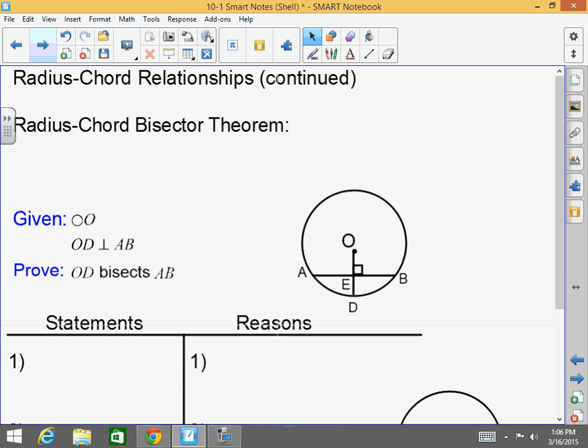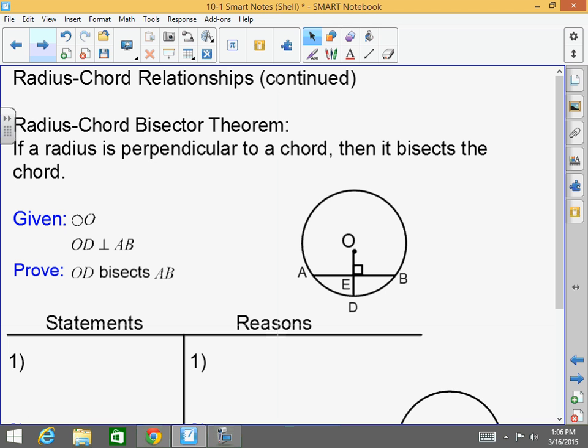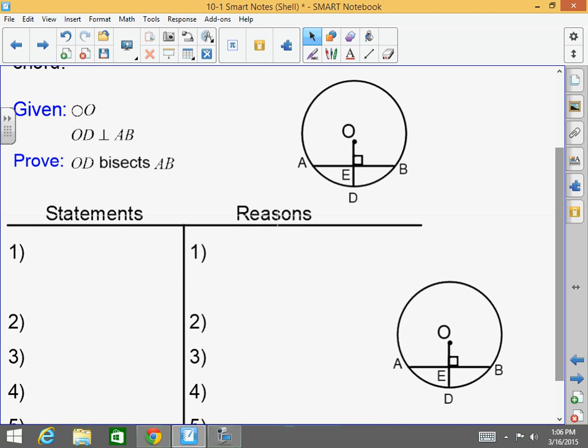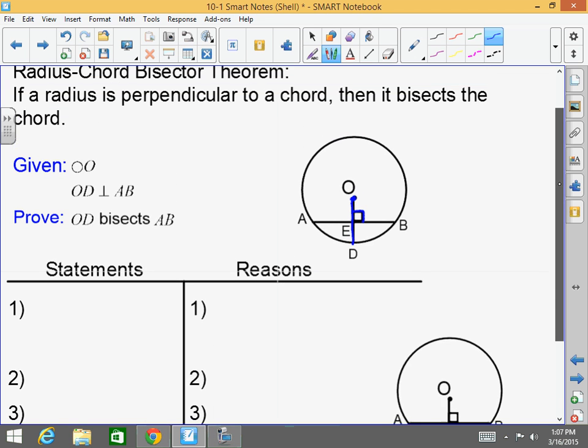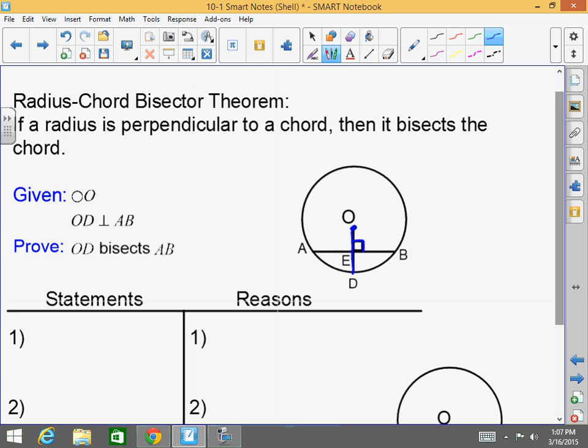Now, let's talk about some more radius-chord relationships. Now we're going to talk about theorems. The radius-chord bisector theorem states that if a radius is perpendicular to a chord, then it bisects the chord. All right? I'm going to prove why, guys. What this is saying is when you have a radius and it is perpendicular to that chord, then it bisects the chord.